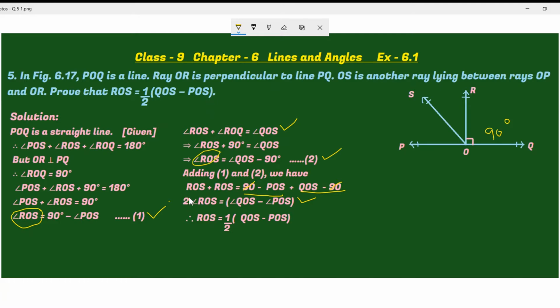So I bring this 2 to the other side as division, because here it is a multiplication. So ROS is equal to half of QOS minus POS. Hence we have proved it by using these two equations. That's it. Thank you.